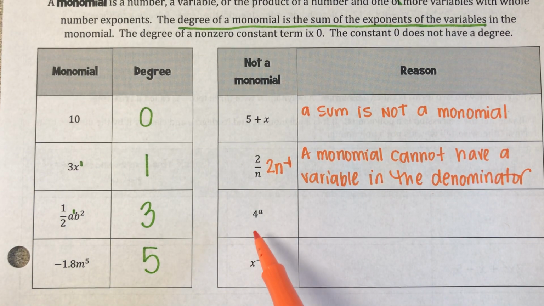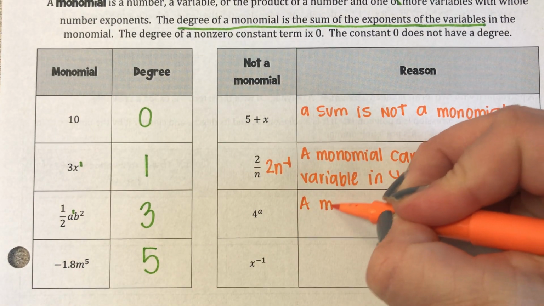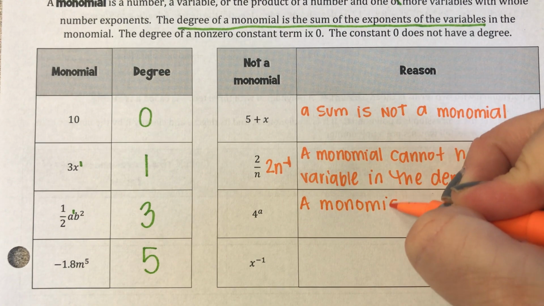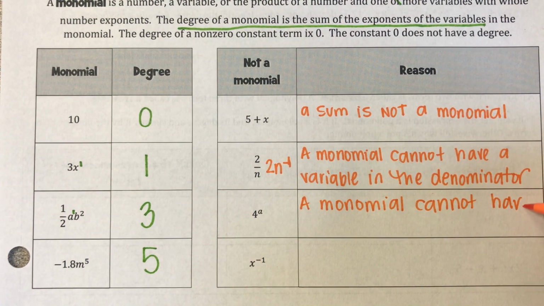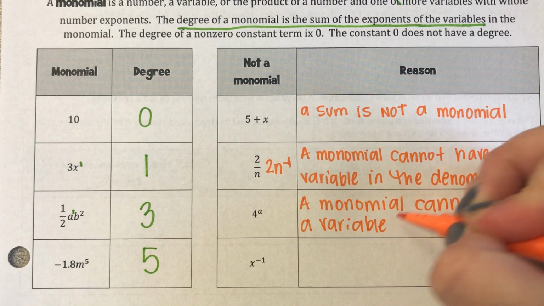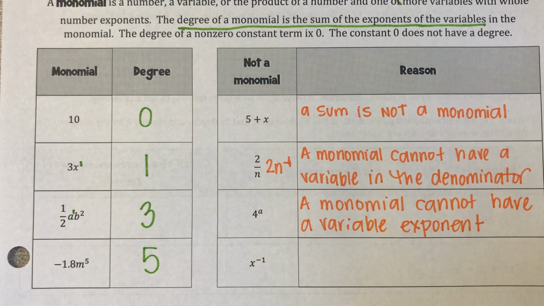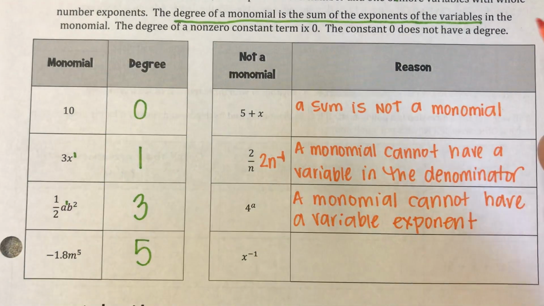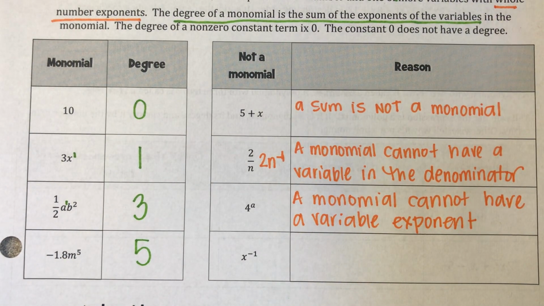Okay, and then 4 to the a power, why is that not a monomial? A monomial cannot have a variable exponent. Right? What kind of exponent can it have? A whole number exponent. Okay, a is not a whole number. We don't know what a is. a could be a half, right?